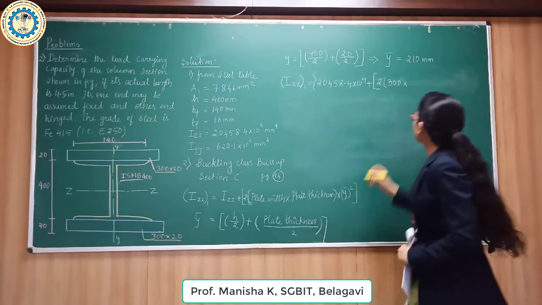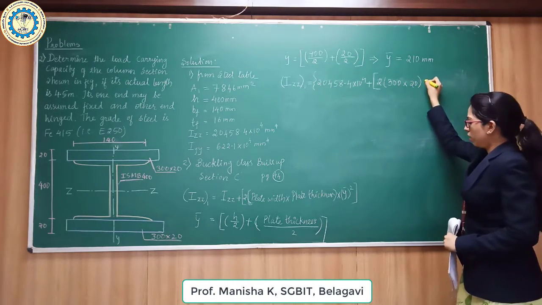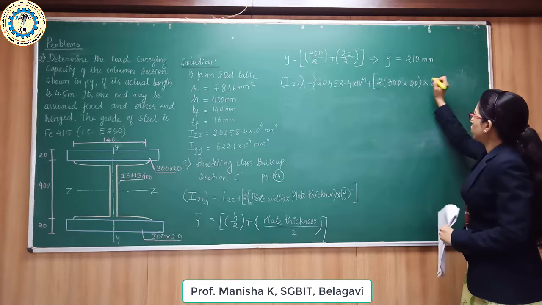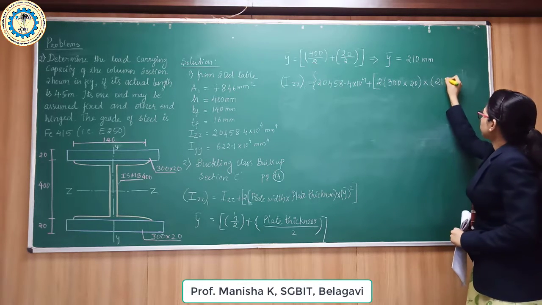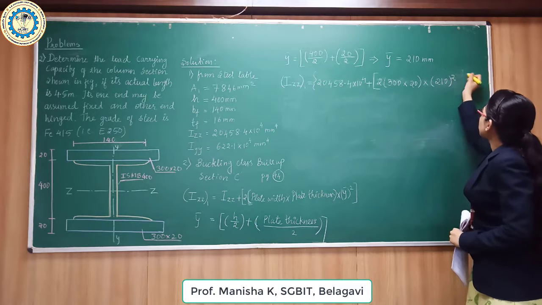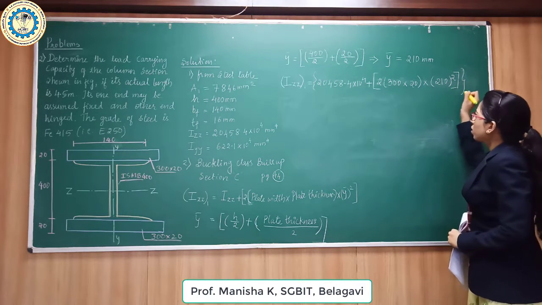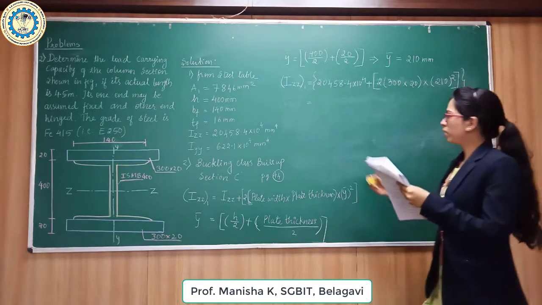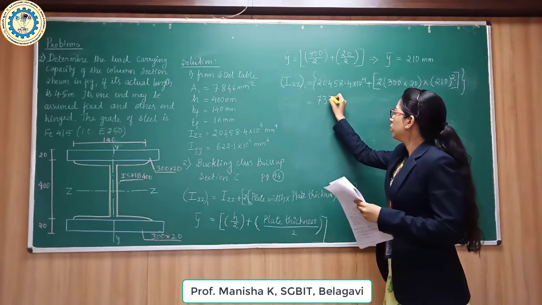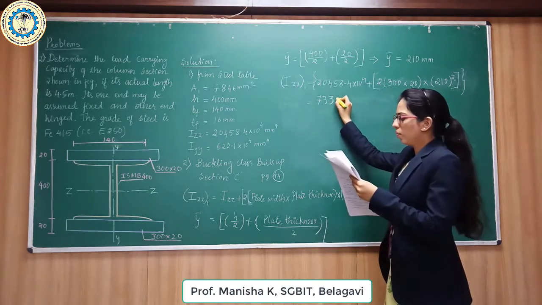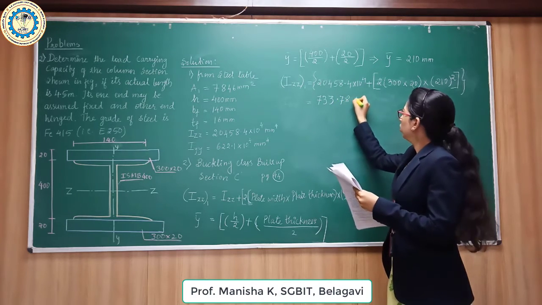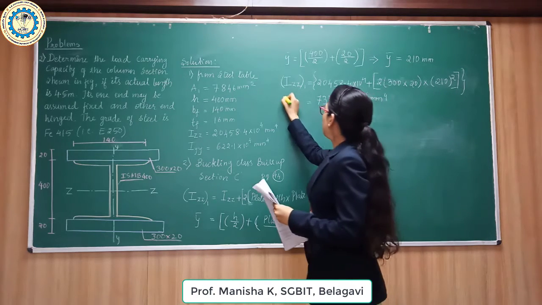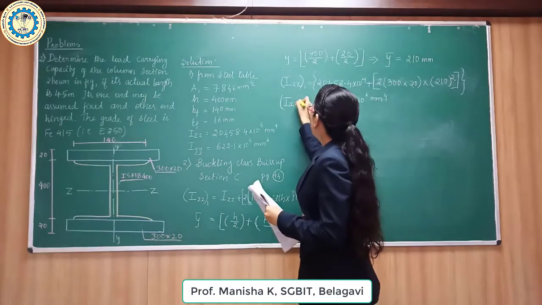This one. Plate thickness is of 20 mm into Y bar whole square. This one, Y bar value is 210 square. Complete the brackets and calculate. After calculation, you will get the value of 733.78 into 10 raised to 6 mm raised to 4. This is the value of IZZ of 1.